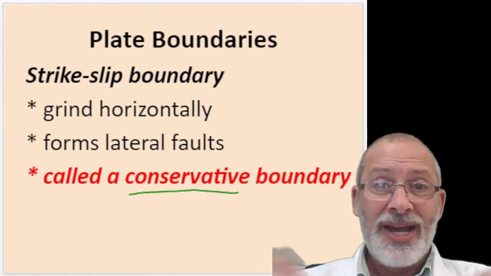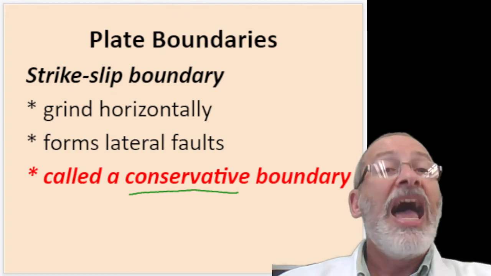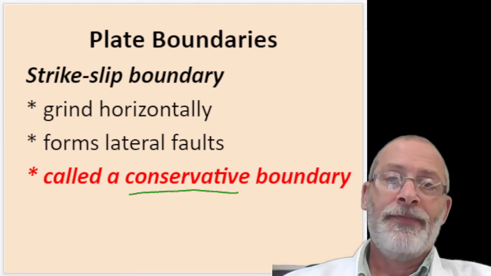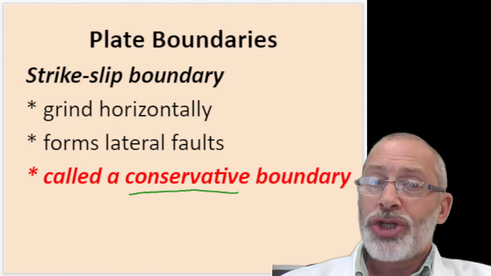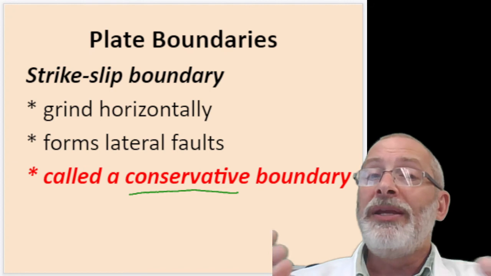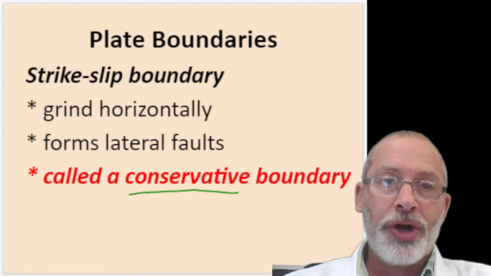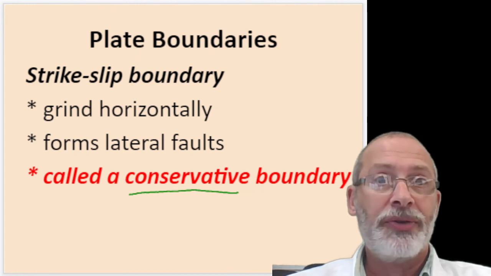In other words, it's kind of status quo. The plates just remain intact, more or less. So there's no destruction, no construction, but both plate materials are conserved, meaning not destroyed or built up.